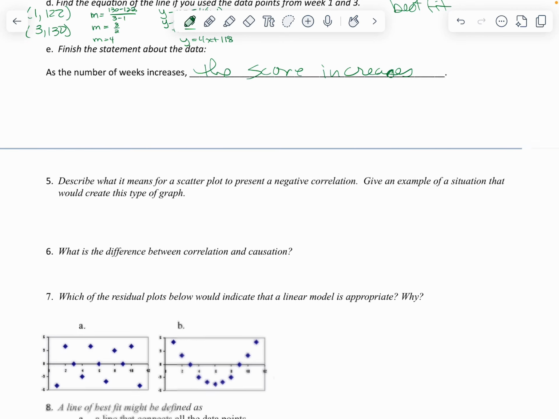Okay. Describe what it means for a scatter plot to present a negative correlation. Give an example of a situation that would create that type. The x increases and y decreases.